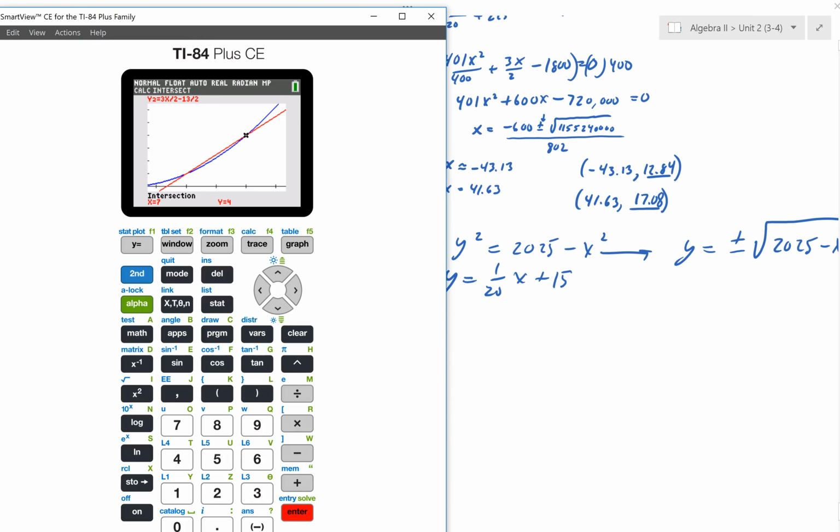So if I put those in the calculator, the first one is 1/20th times x plus 15. And then the circle requires two equations.